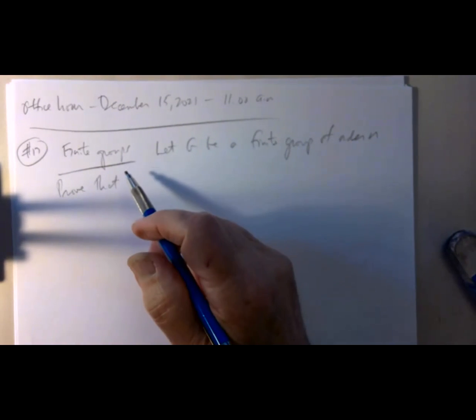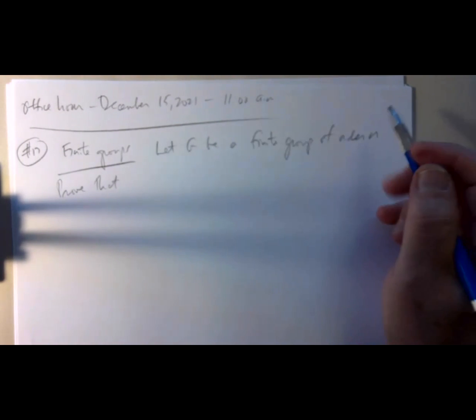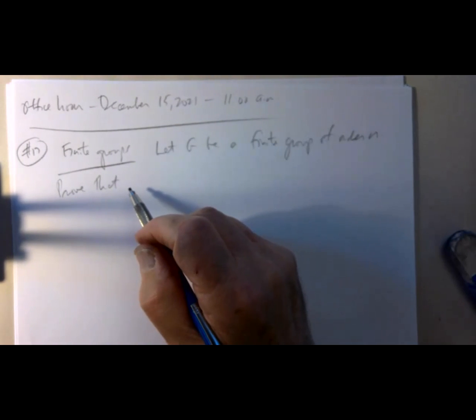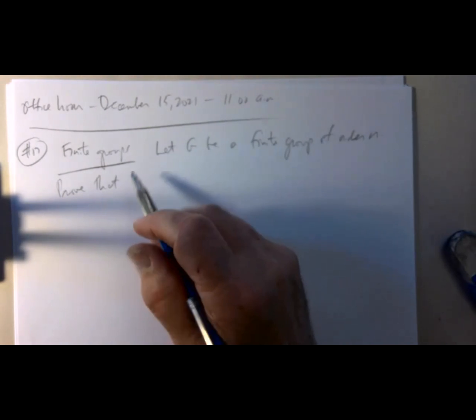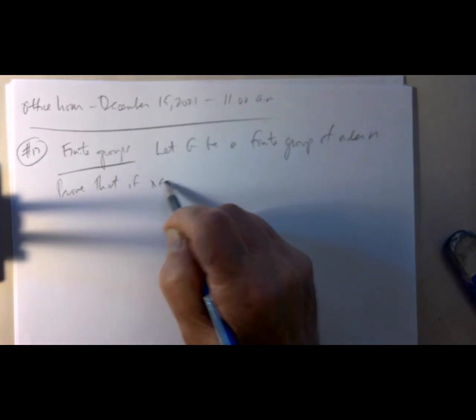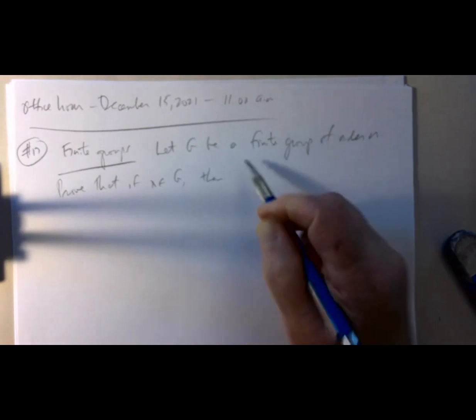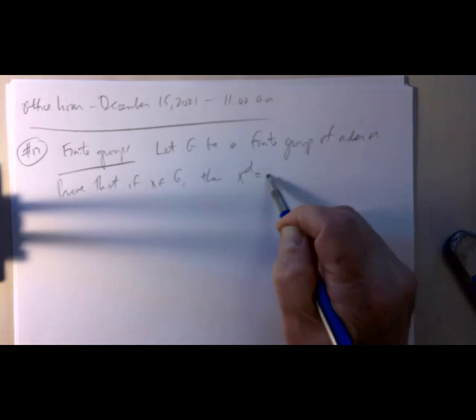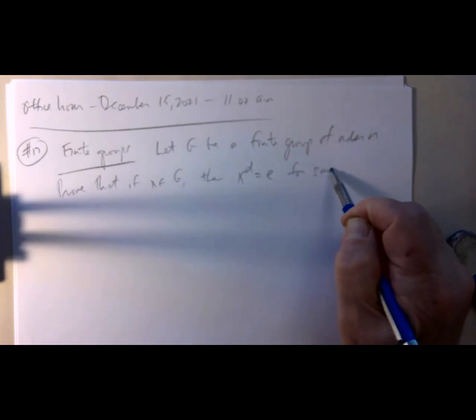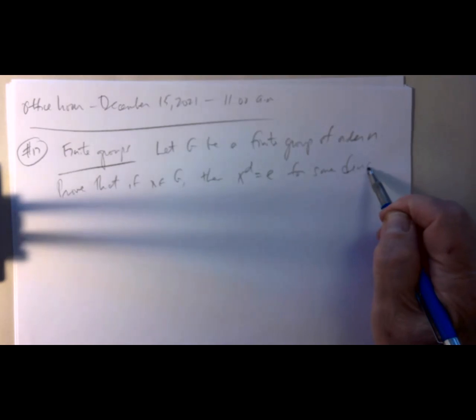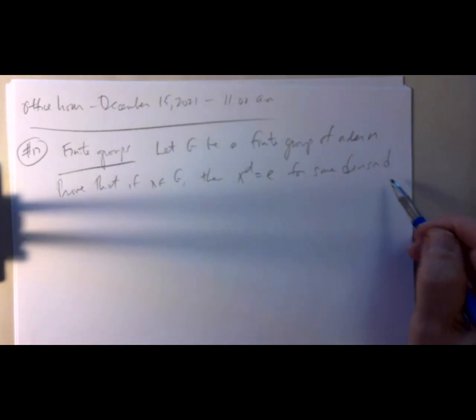Prove that if x is an element of G, then x to the d is the identity for some divisor d of n.